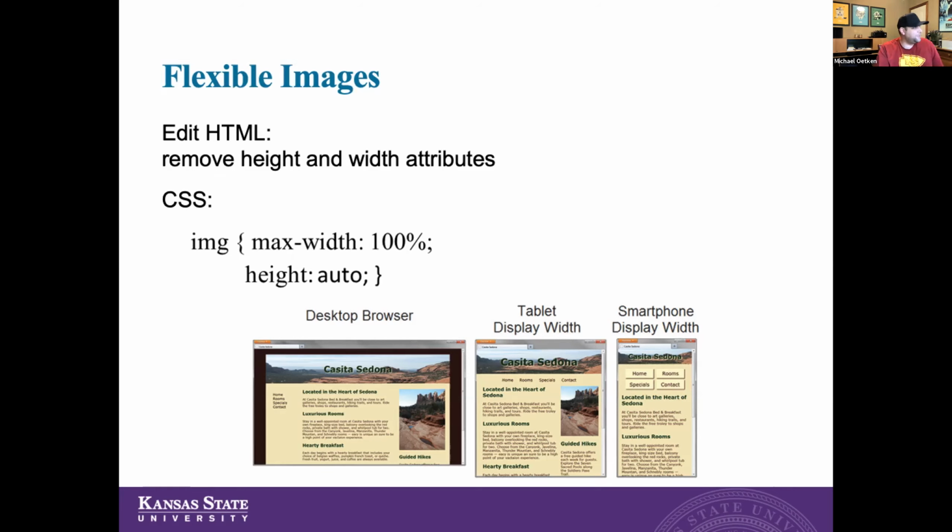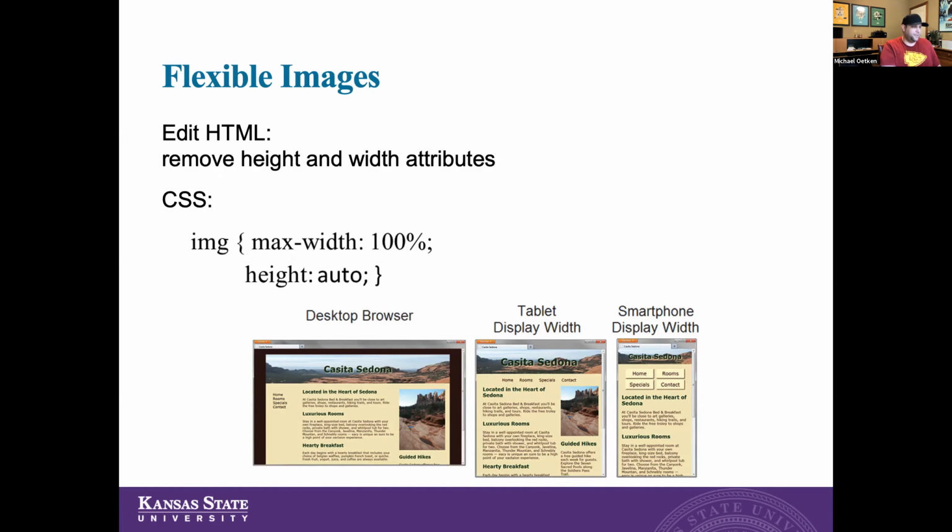So we talked about images and having those images be flexible. By using CSS, we can remove the height and width attributes in our HTML, and we're just using the CSS to automatically set our width and height to whatever size the browser screen is.